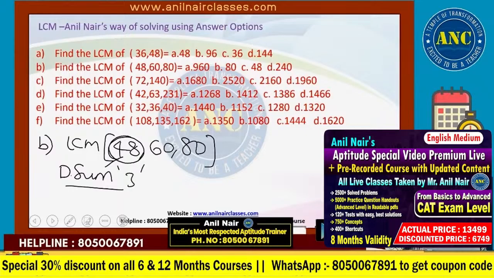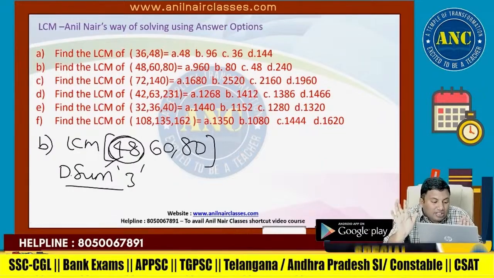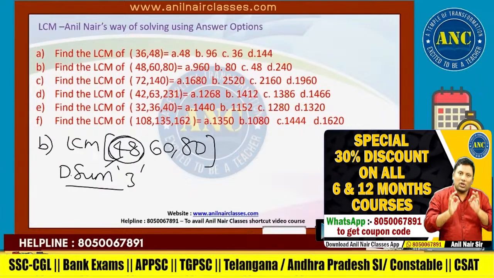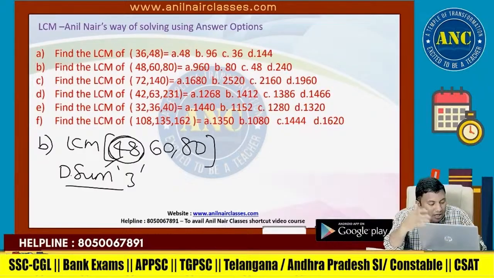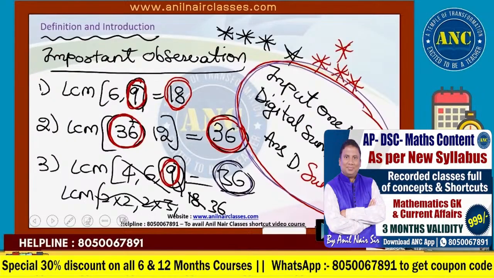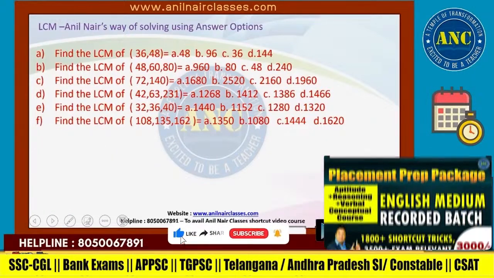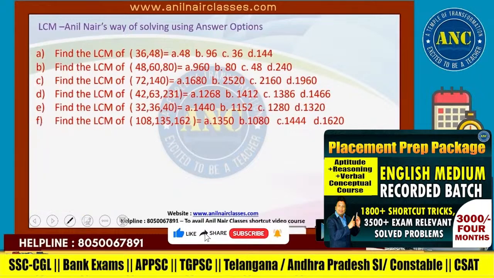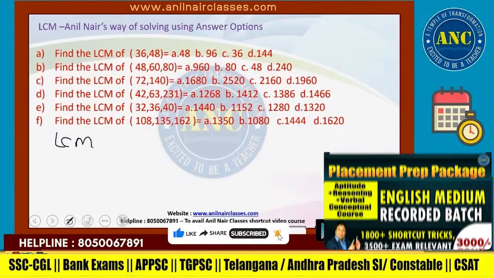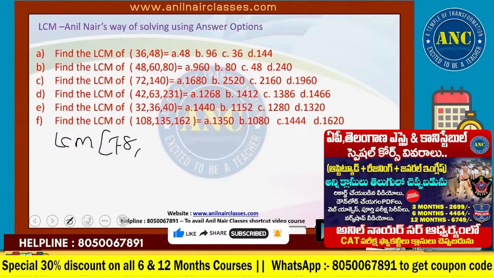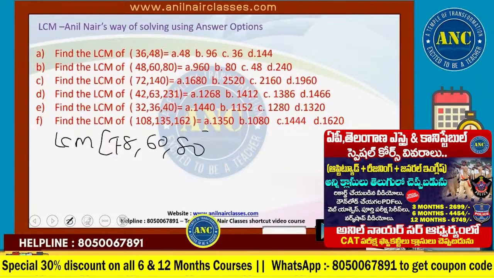If one number's digital sum is 3, the answer's digital sum will also be a multiple of 3. Instead of digital sum, I will write it like this, otherwise confusion will be there. LCM of 48, 60 and 80.